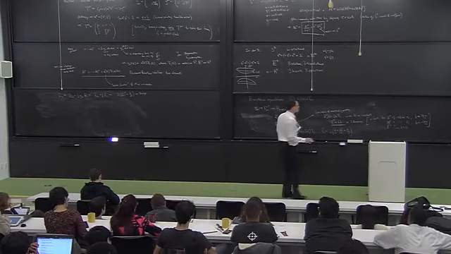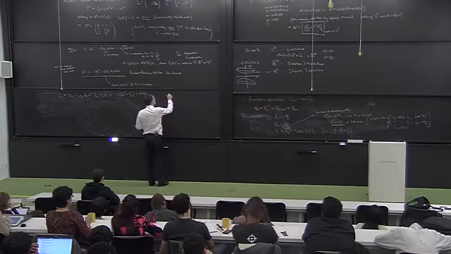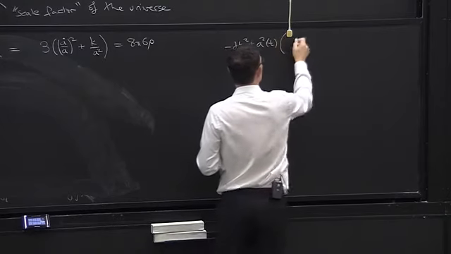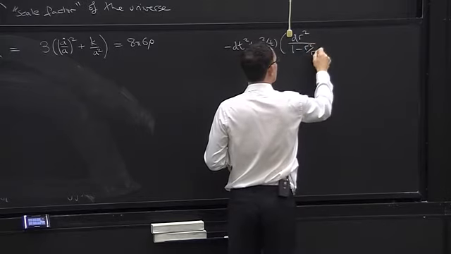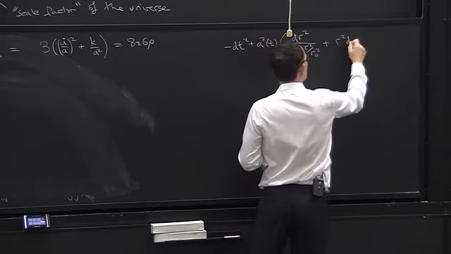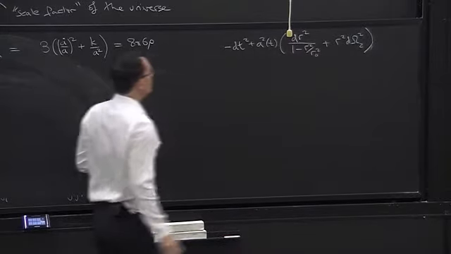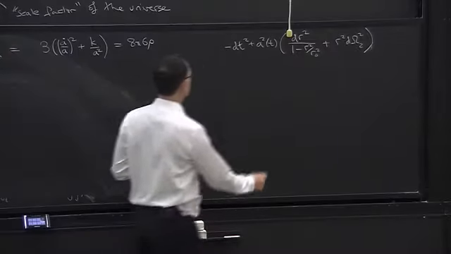Yeah, R naught is a scale factor, so let us just write out that metric: minus dt squared plus a squared of t. So remember, the way it comes in is like this. Okay, so that's the Friedmann-Robertson-Walker metric.